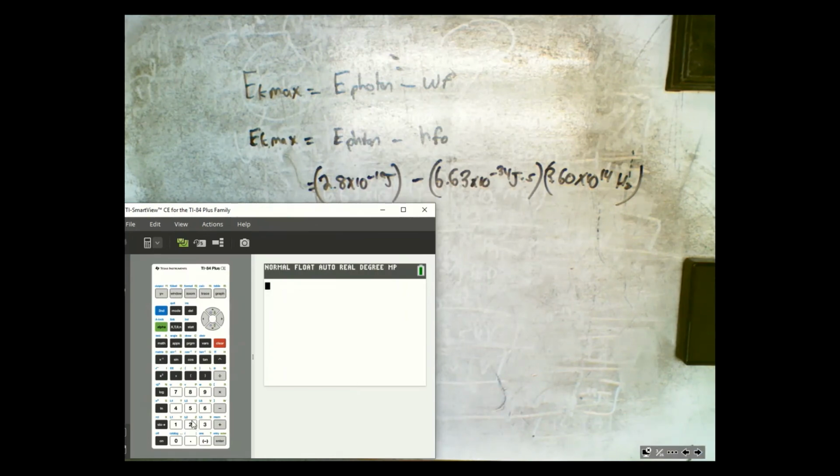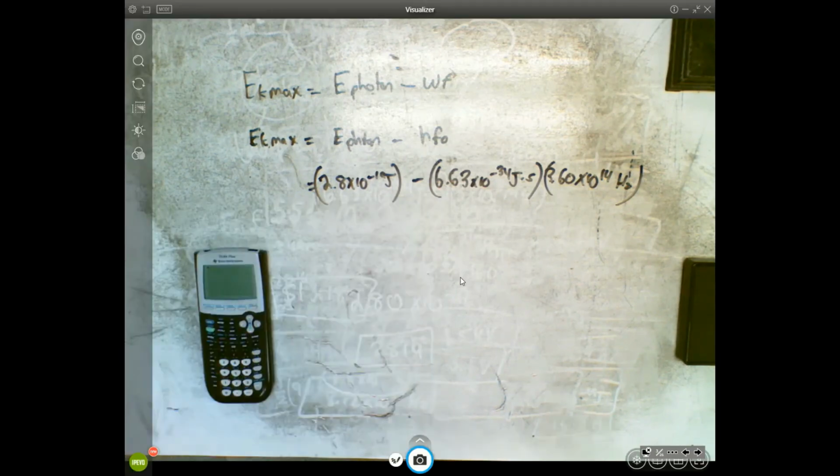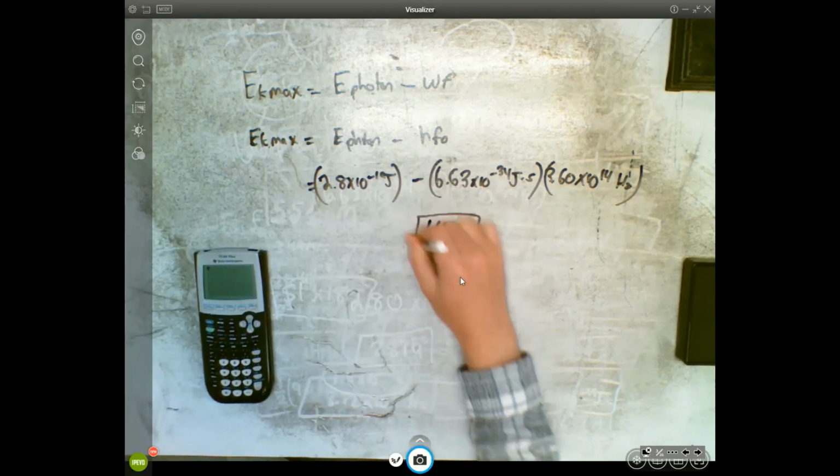So we're going to go 2.8 times 10 to the negative 19, and we're going to subtract from that 6.63 times 10 to the negative 34 times 3.6 times 10 to the 14. Okay, and we get 4.13 times 10 to the negative 20. So 4.13 or 4120 would be our answer. 4120 would be our numeric response answer.